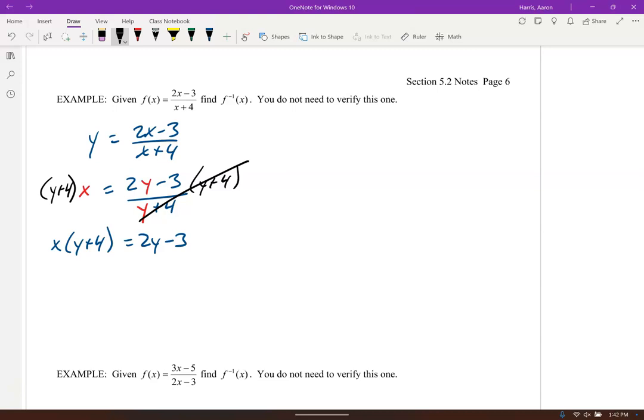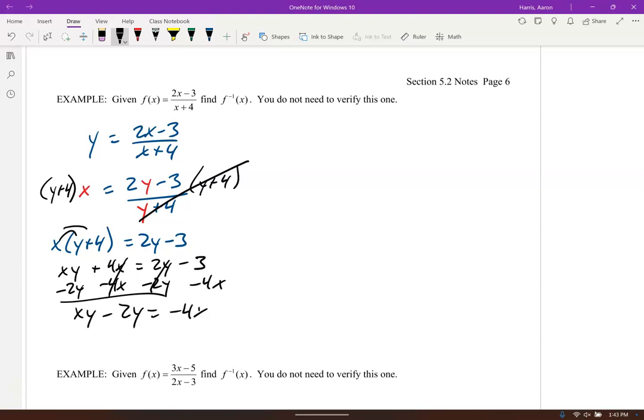And now what I'm going to do is gather. Notice I have a couple different y's. I have xy, so I have a y over there, and I have a y over here, 2y minus 3. Get all your y's on one side and get everything else on the other side. So I have xy minus 2y equals negative 4x minus 3.